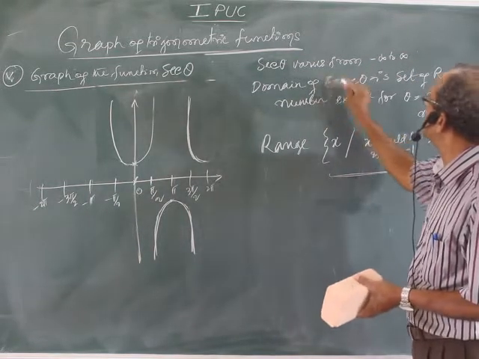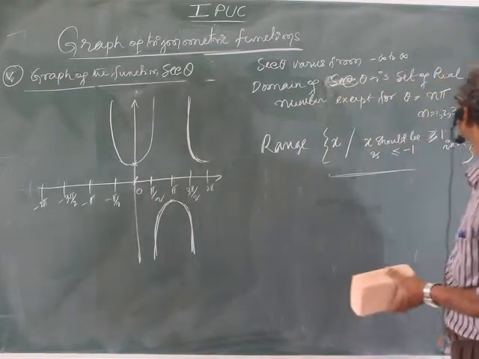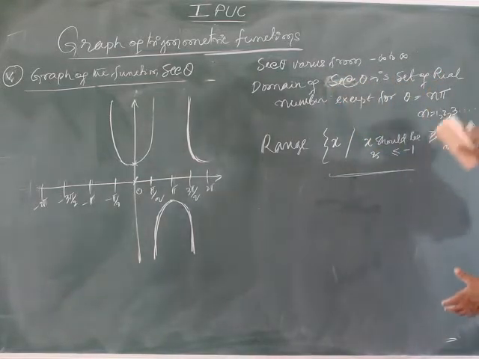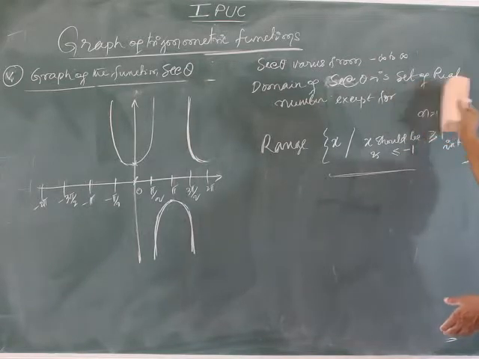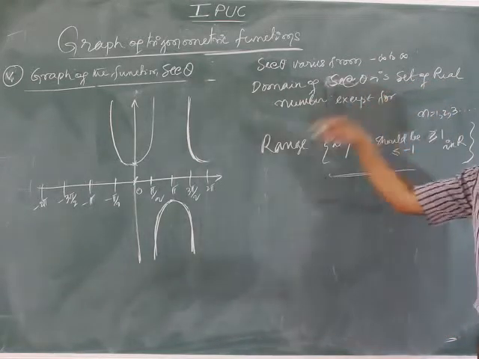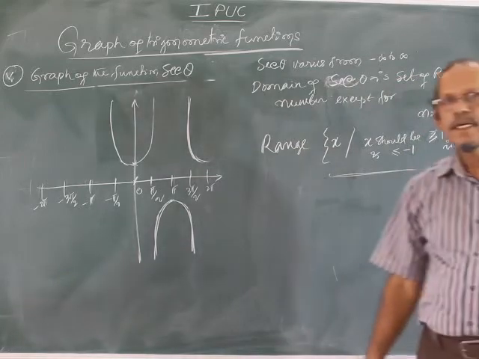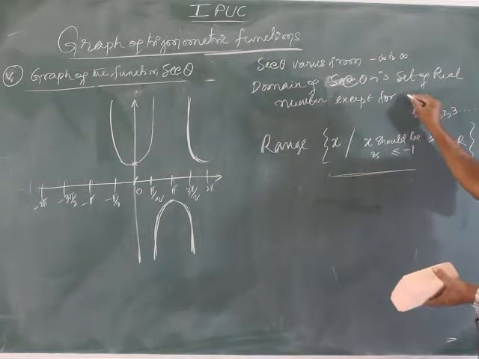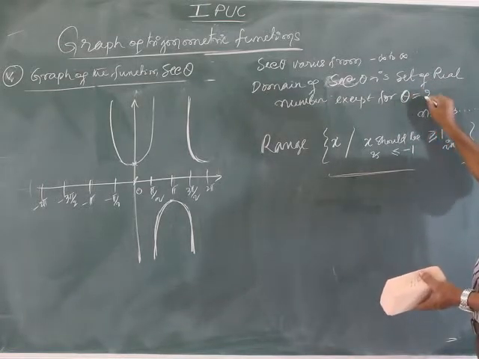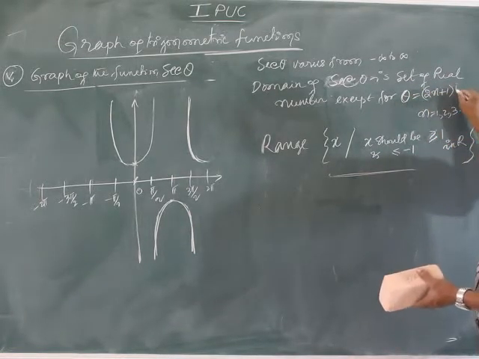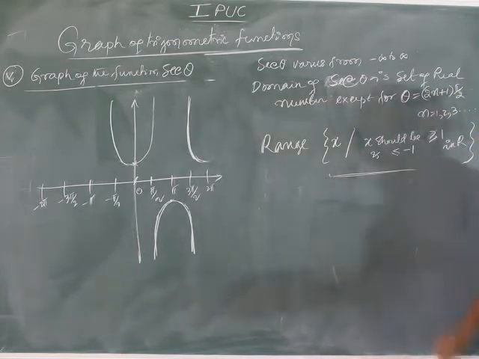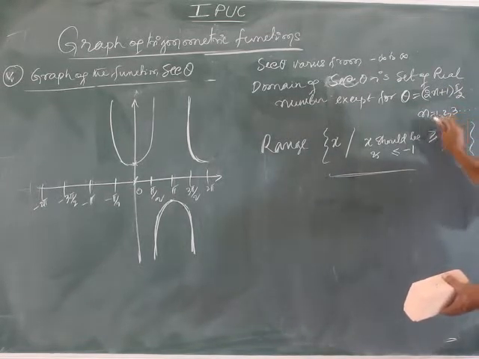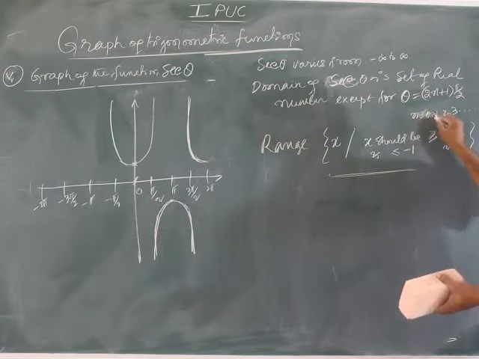Domain of secant theta is the set of all real numbers except the values of angle theta for which cos theta is 0. It is for cos 90, cos 270. See like this, for theta equal to (2n plus 1) pi by 2. Verify it. N should start from 0.